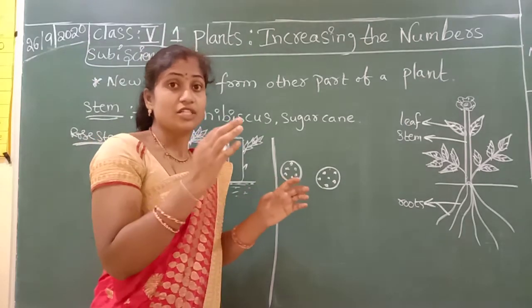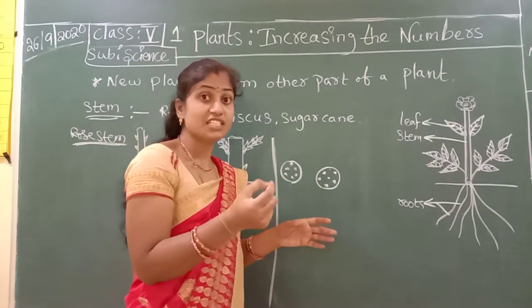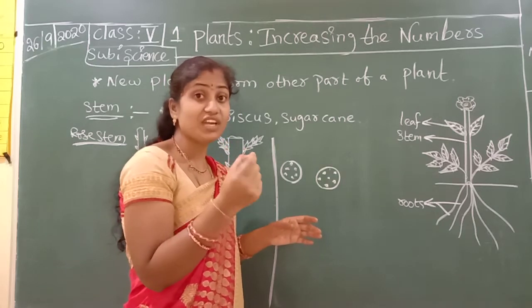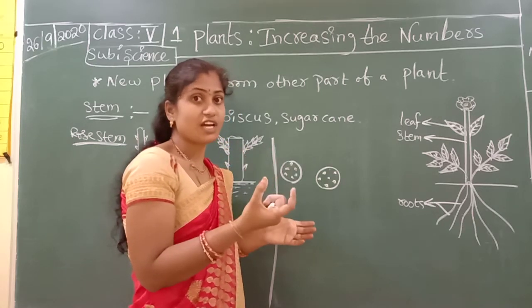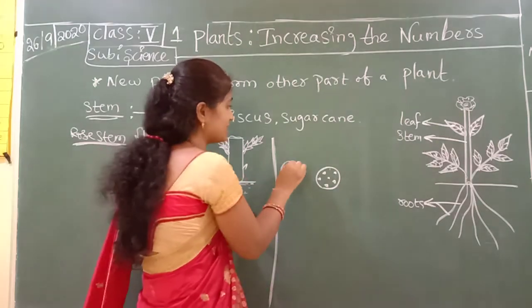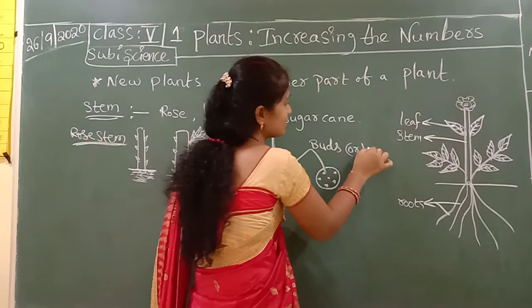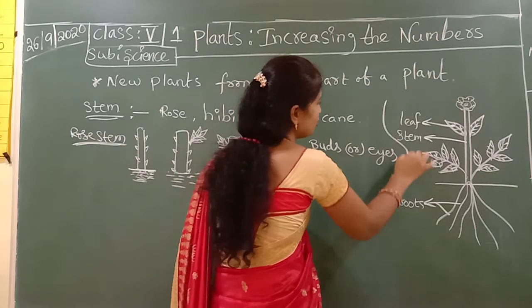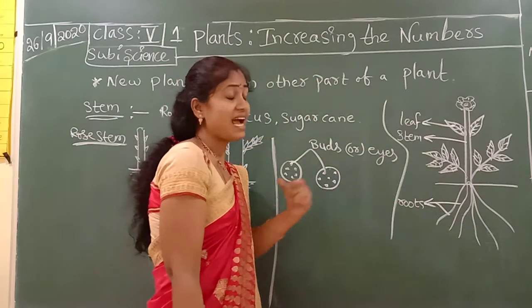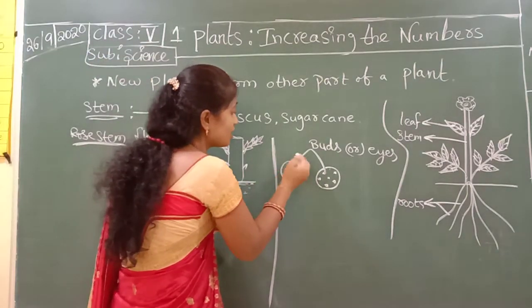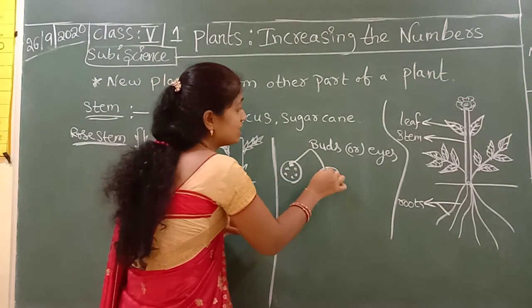After we store them for some days, they develop small leafy green dots. That is called buds or eyes. These buds or eyes we have to cut.